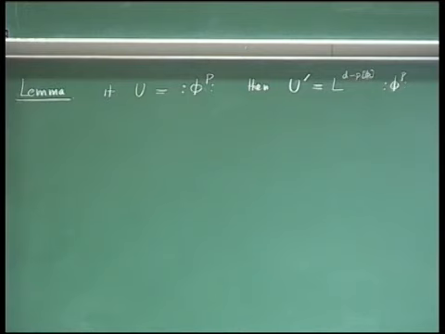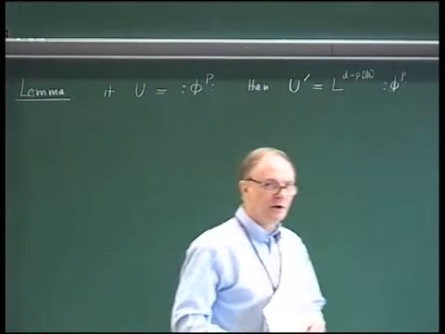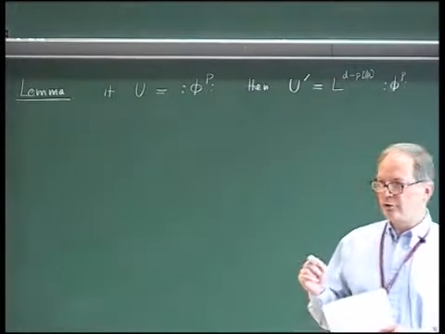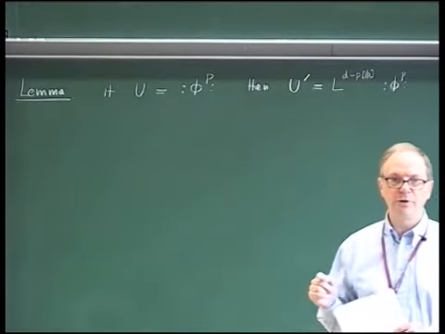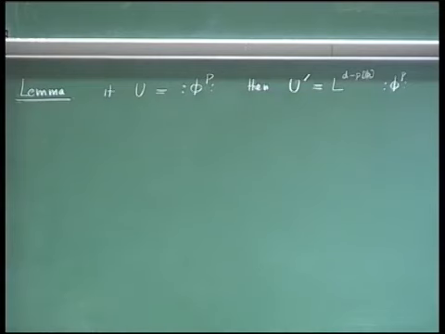This is the significance of the Wick-ordered polynomials in the renormalization group. They are the eigendirections for the linearized renormalization group map.